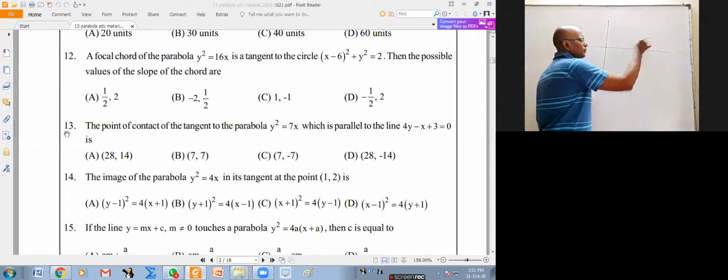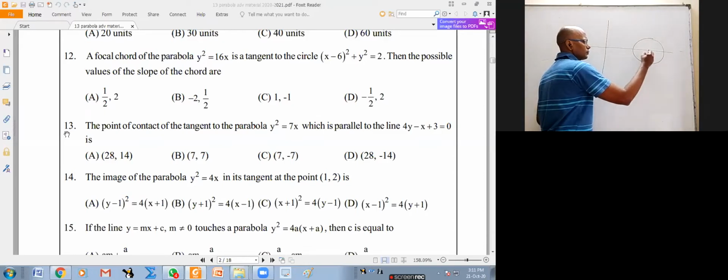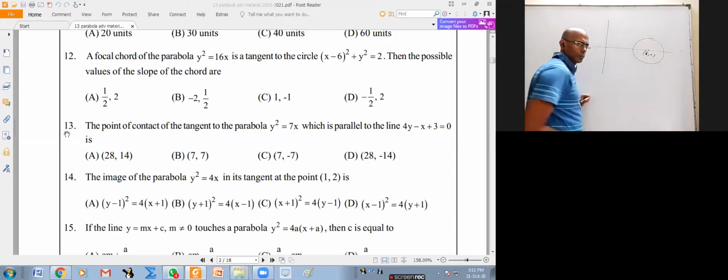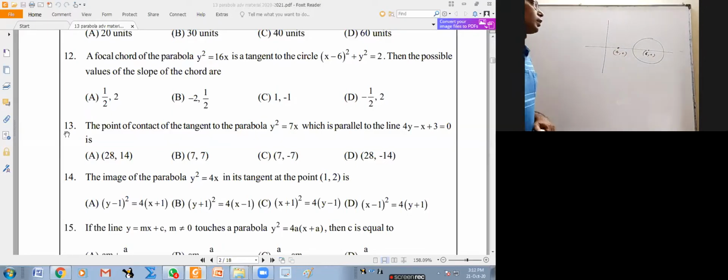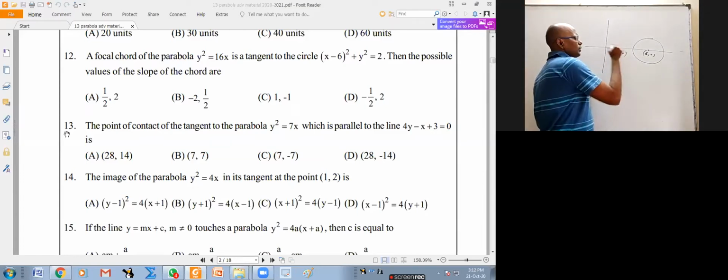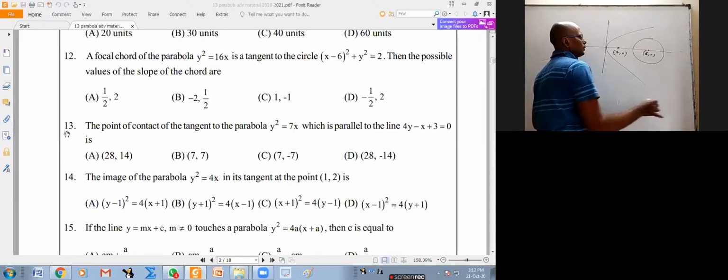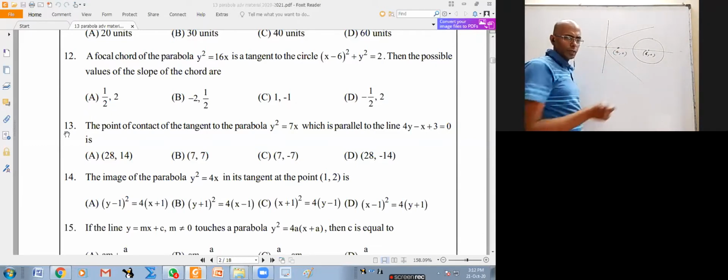We have a circle with the center 6, 0. And the parabola's focus is 4, 0. Any line through this point is actually a focal chord of the parabola. But all of them cannot be tangent to the circle.